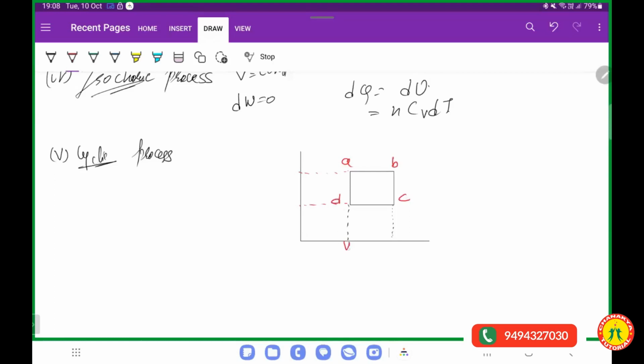So V1, V2, cyclic process, this direction.